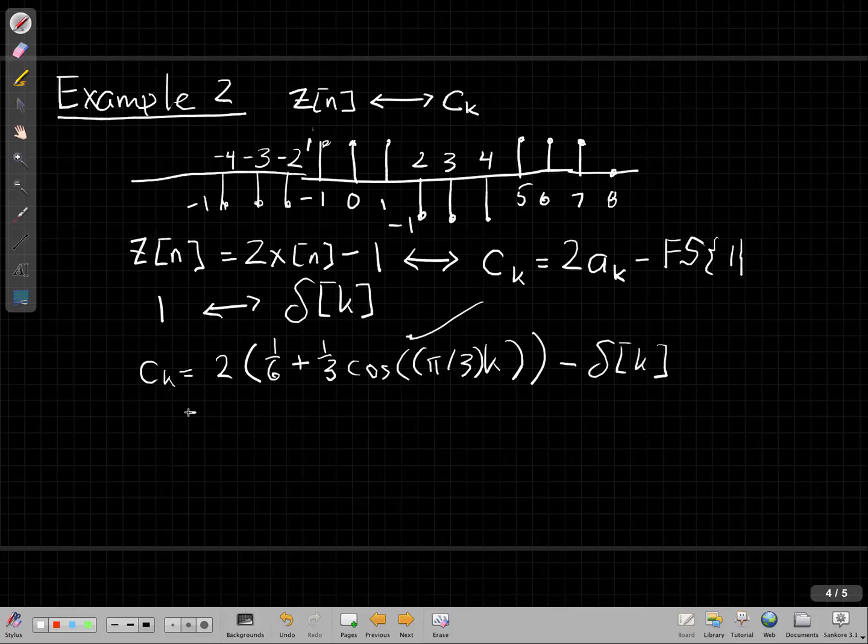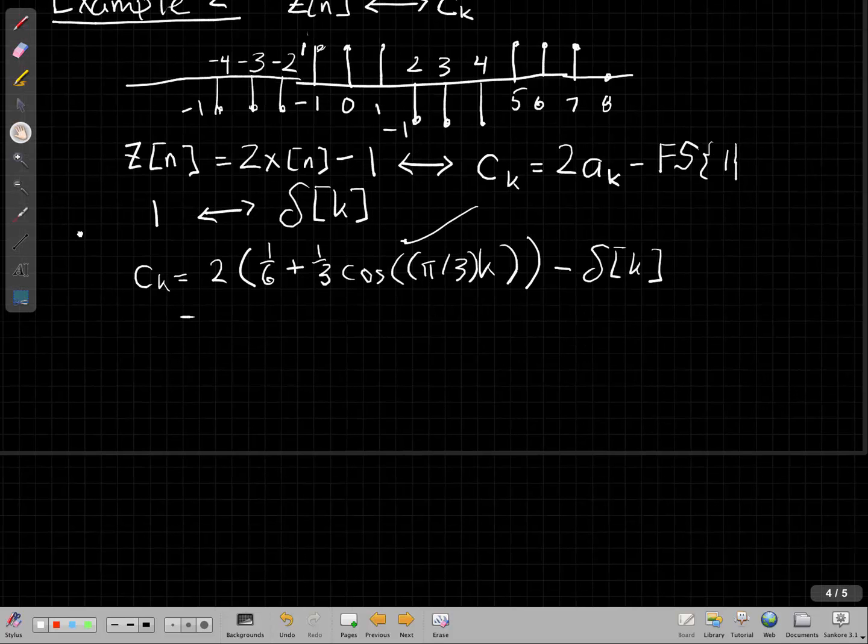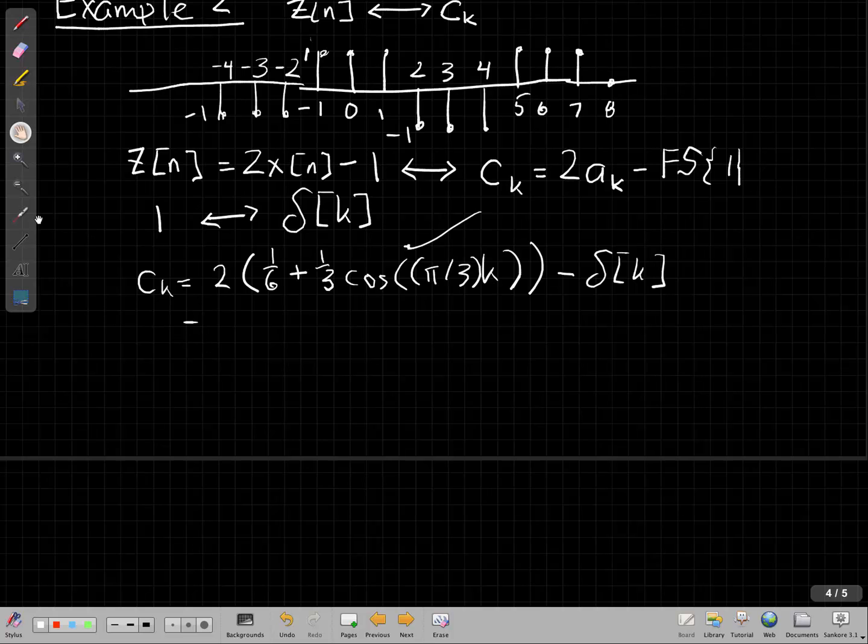And I can go through now and plug these in if I need to. Let me scroll up the page a bit. Just using what I had before, it's now 2 times a half minus 1 for the k equals 0 term.